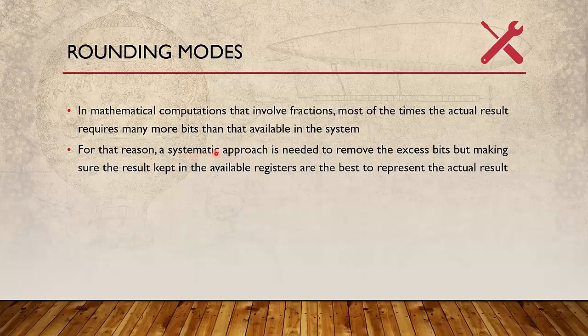So this means we need a systematic approach to remove excess bits, while keeping the result in the registers at its best value. This is what we call the rounding process.